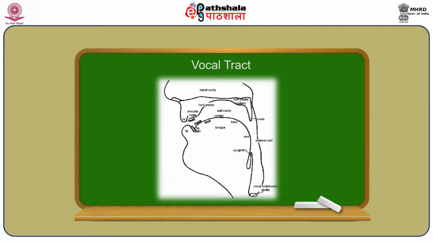Now on top of the windpipe you have two things sitting here like two lips, and these are called vocal cords. They are very important. They are fundamental to our speech mechanism.